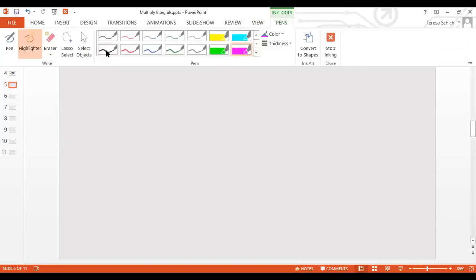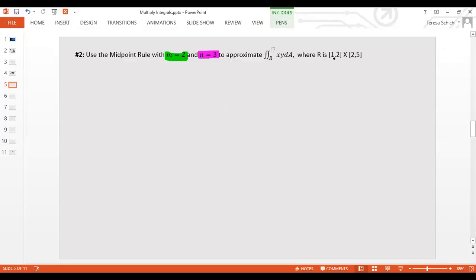So this is x, and this is y here. Okay, so let's take a look at delta x here. Delta x is what? 2 minus 1 divided by 2. So it's 0.5.